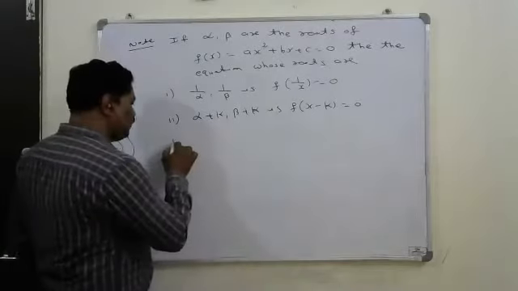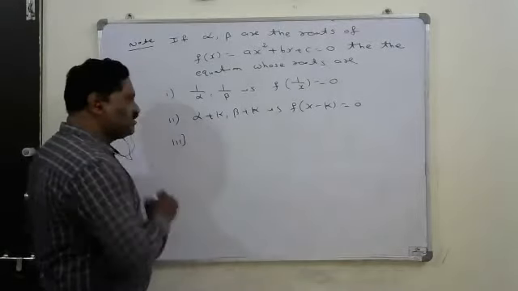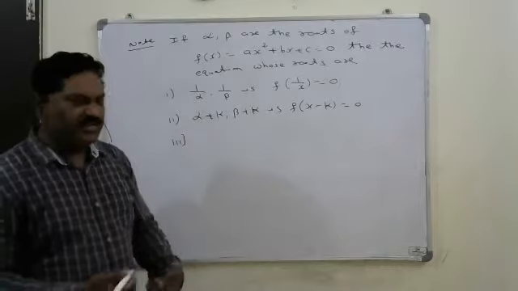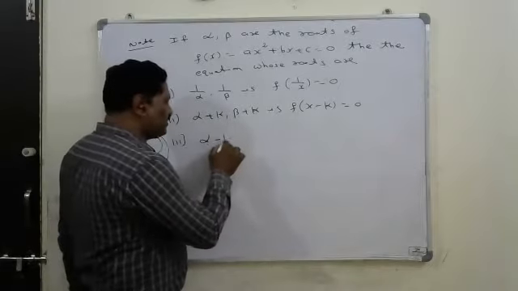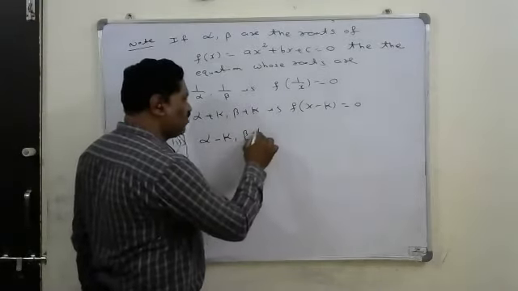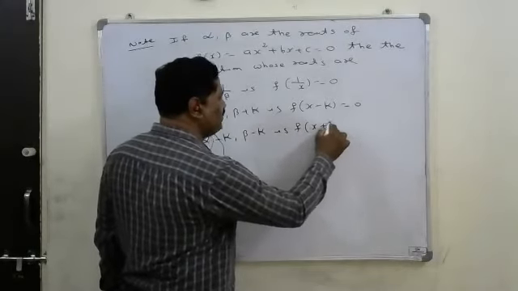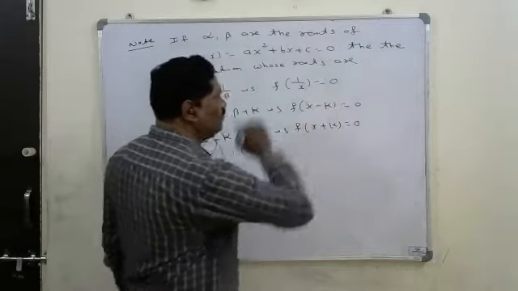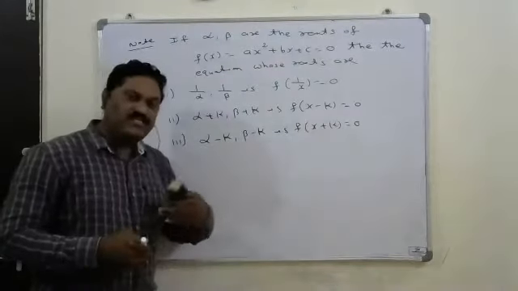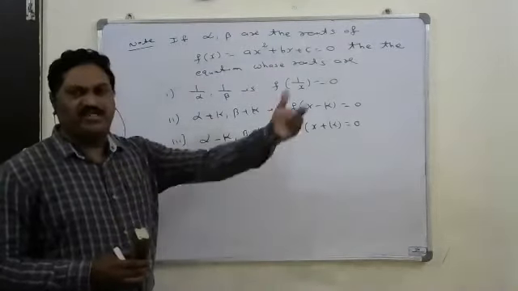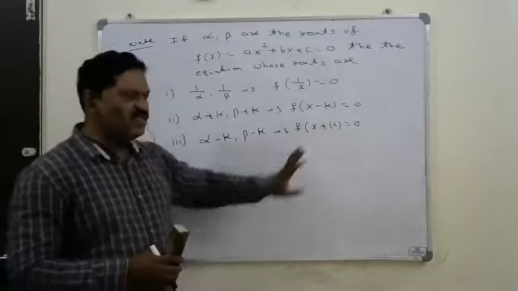Similarly, if each root is decreased by k units, that is, alpha minus k comma beta minus k are the roots, then that equation is f of x plus k is equal to 0. Replace x by x plus k and simplify that, we will get the required equation. Directly we can find that equation.